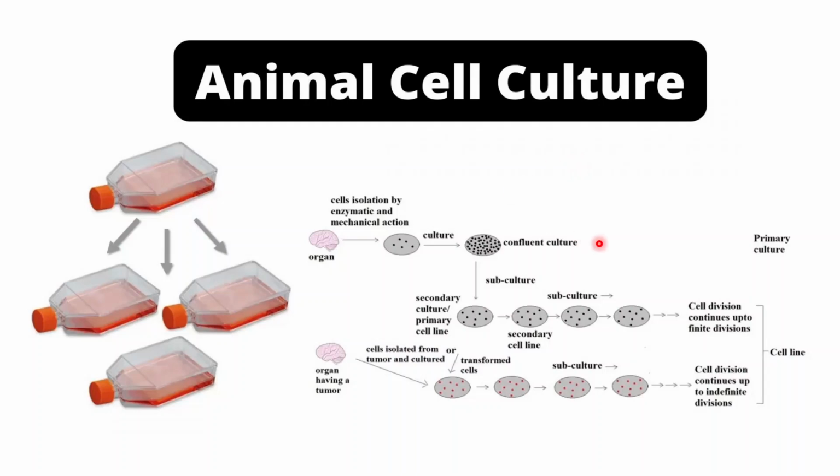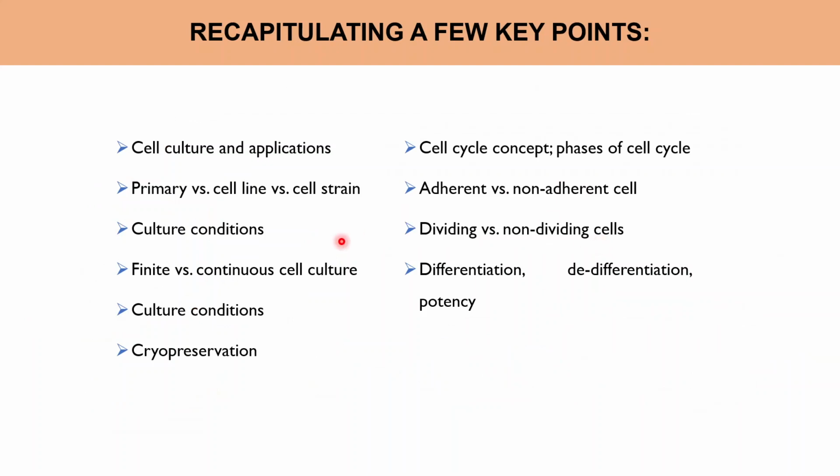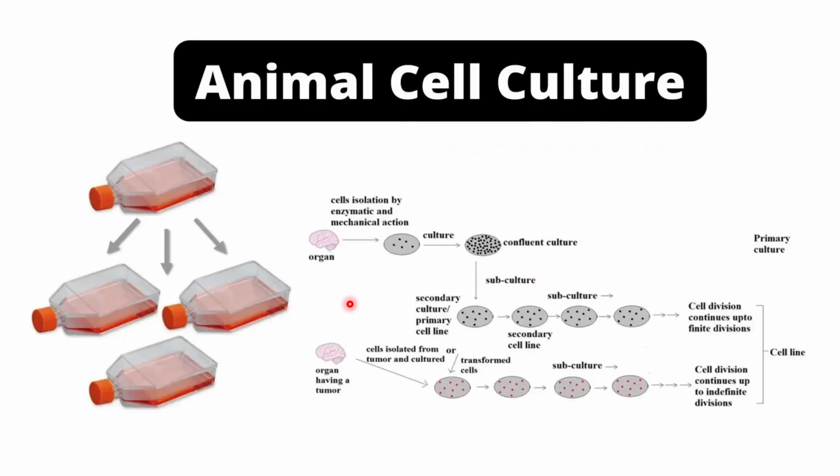Now we will come to the other terminologies, that is finite versus continuous cell culture. When you are isolating cells from a healthy or normal organ, and the cells are growing in culture, the cells will grow only for a finite number of times. That is, they will have a limited lifespan.